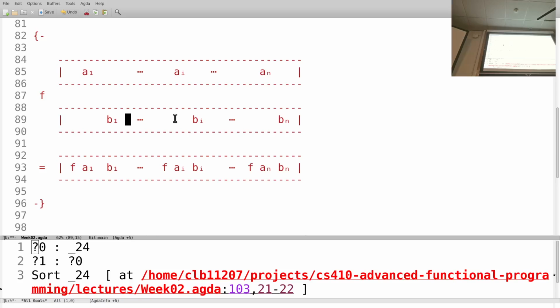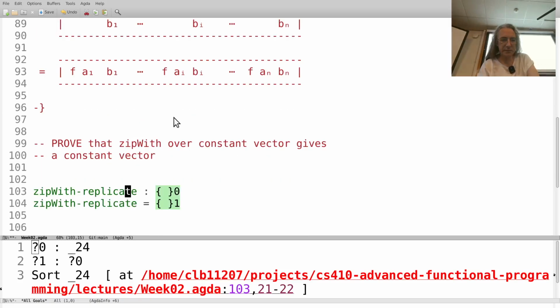So do you want to go? Let's see if I can do that. I know how I want to do that. So what have we got?